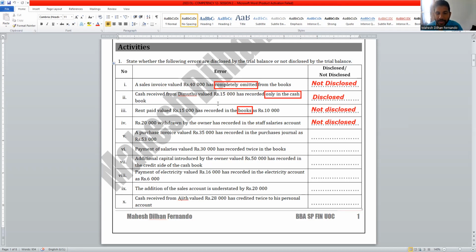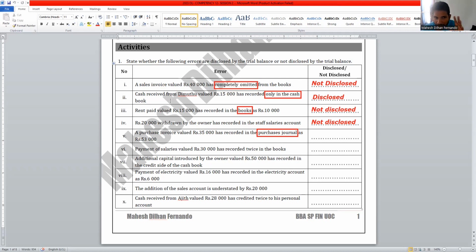Next, a purchase invoice valued 35,000 has been recorded in the purchases journal as 53. Once again, if you have a good knowledge of the process of accounting, you can easily understand this error. We use the purchases journal to record a transaction initially, and only then is it posted to the ledger.